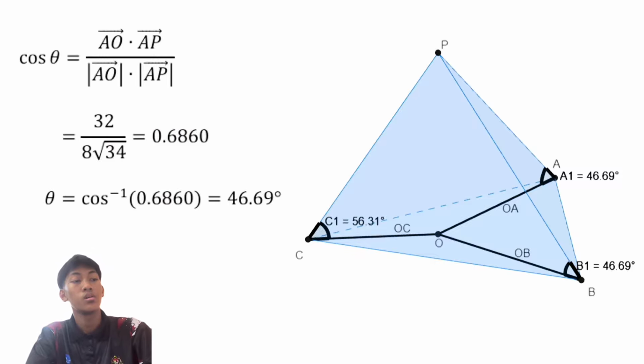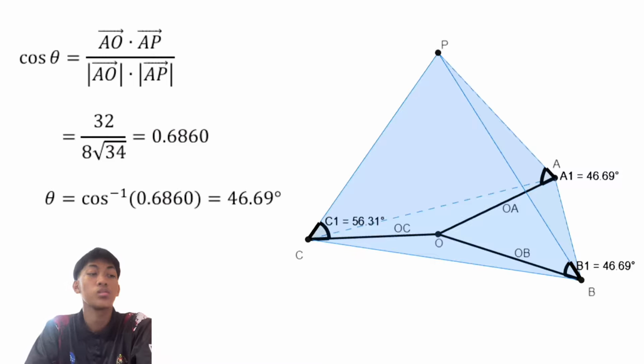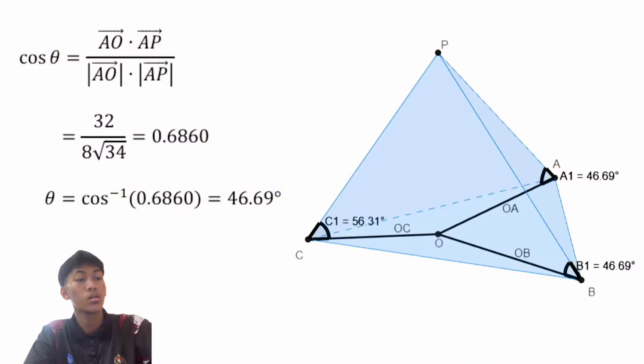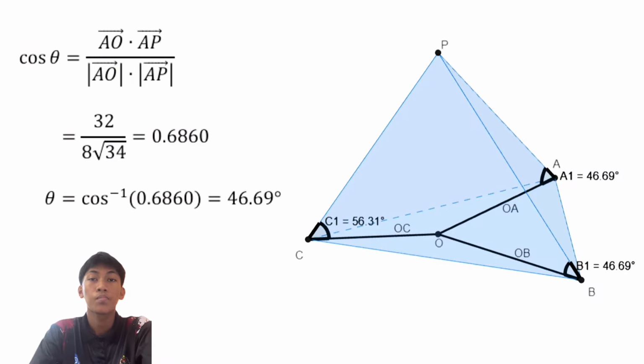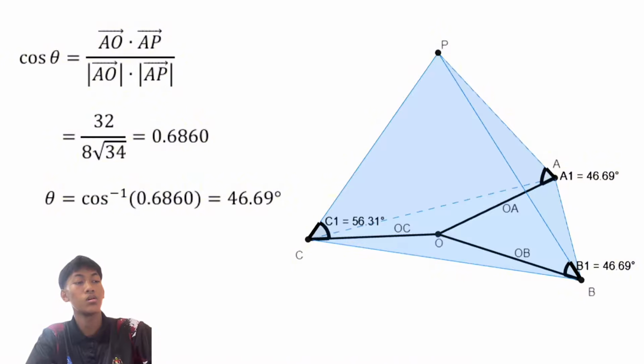That means the tetrahedron is symmetrical about the CO. So you can see here the CO is the midline of the AB. So this is a symmetrical tetrahedron. This is a very good construction, a very good structure for the students to ensure their safety and stability of the pyramid.